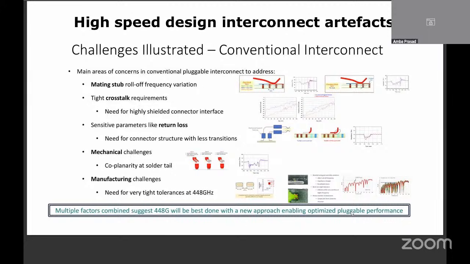So there can be a stub when it is at the connector level. Because of the trace routing, there can be crosstalk issues. And again, there are other issues like return loss and insertion loss. With this, our signal integrity simulation ends, pre-layout and post-layout.